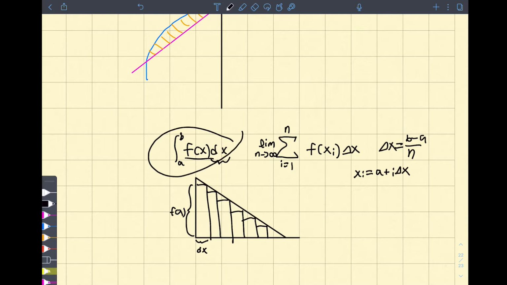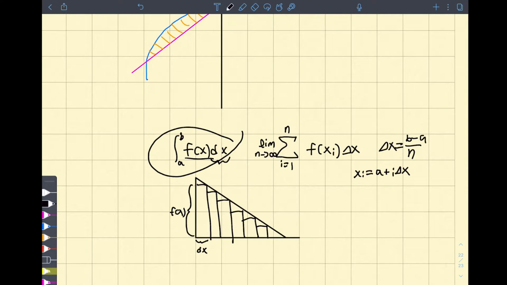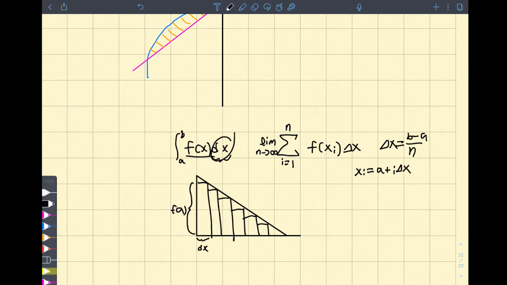This just makes it a lot simpler and nicer to see. This dx is this delta x here, but the delta x, in this case, would have to be infinitesimally small.